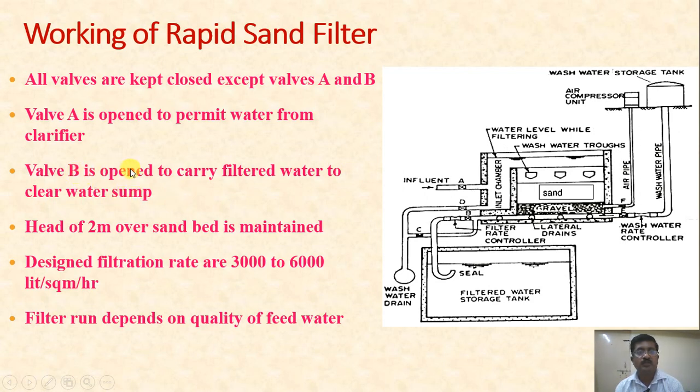Valve B is open to carry the filtered water to the sump. With A and B open, filtration takes place and the clear water comes here. The head over the sand bed of 2 meters is maintained. The desired filtration rate is 3000 to 6000 liters per square meter per hour.